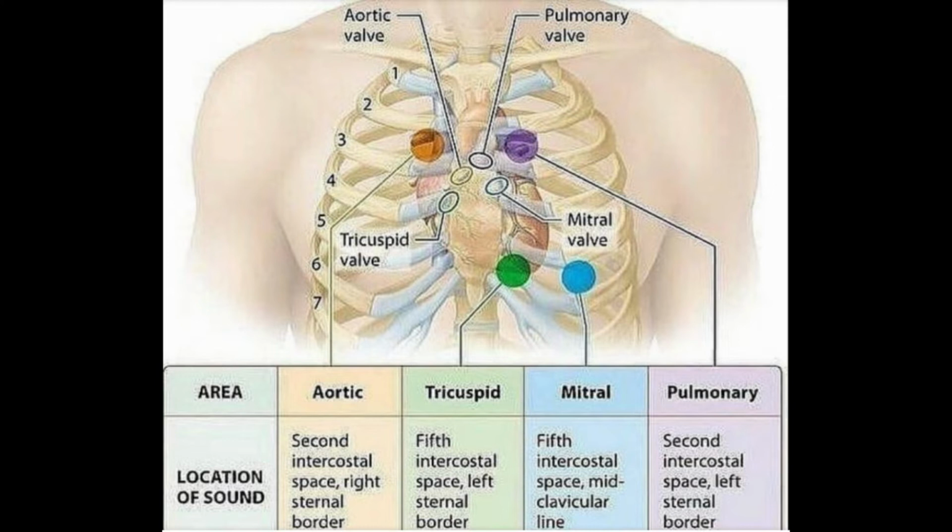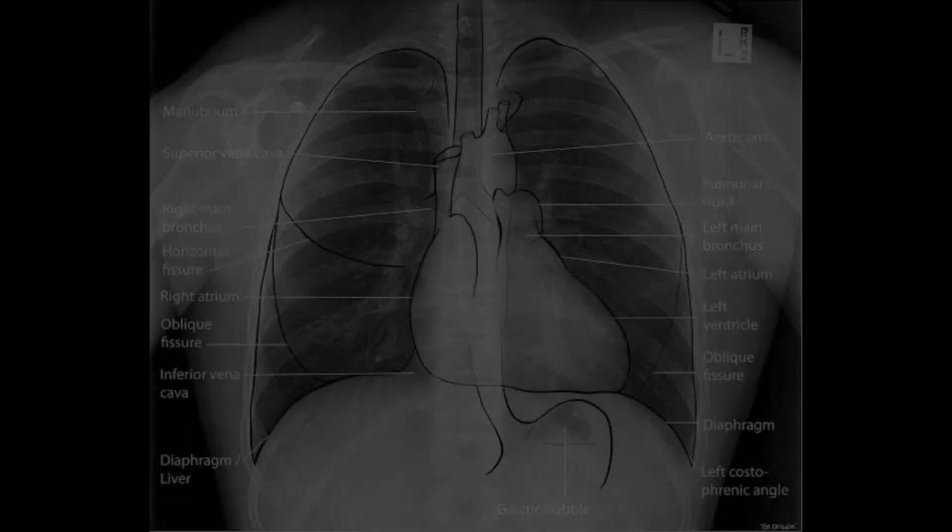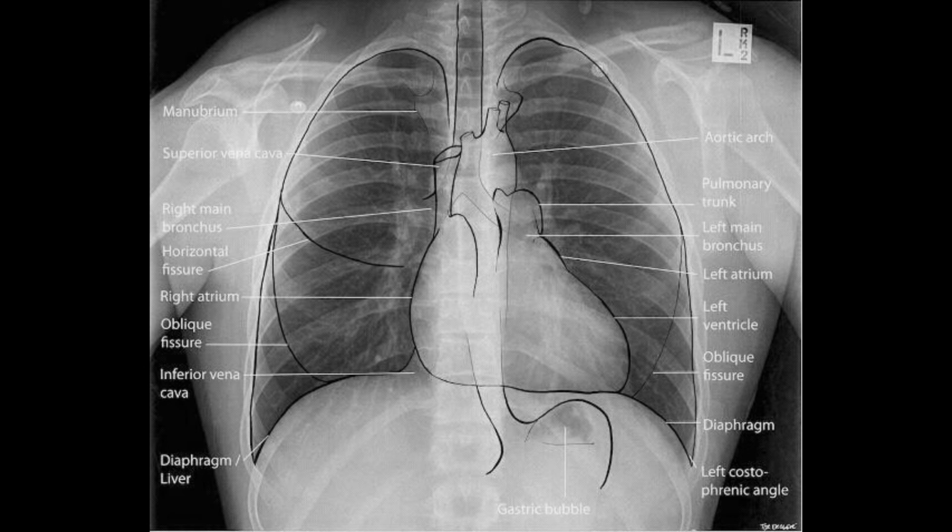Next, we have to locate the tricuspid area. It is usually the left fifth intercostal space, just lateral to the sternum. There is the tricuspid area. Regarding the aortic area, it is over the second right intercostal space, just right to the sternum. Like that, the pulmonary area is over the second left intercostal space, just left to the left border of the sternum.